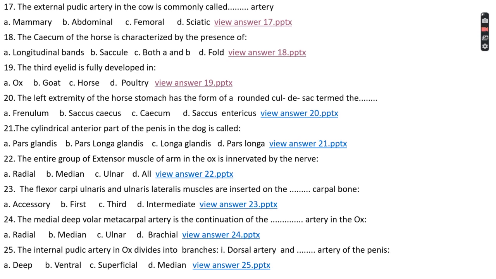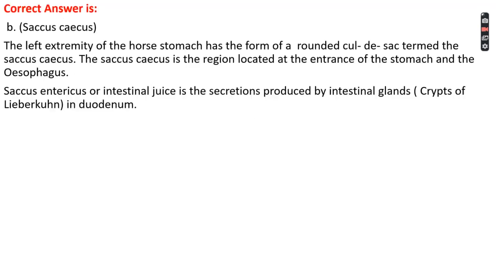Question number 20. The left extremity of the horse stomach has the form of a rounded cul-de-sac, the dash. Option A frenulum, option B saccus, option C cecum, option D succus entericus. The right answer is option B, that is the saccus.